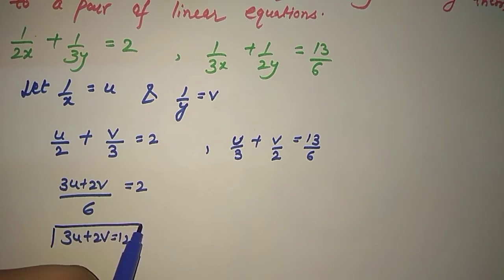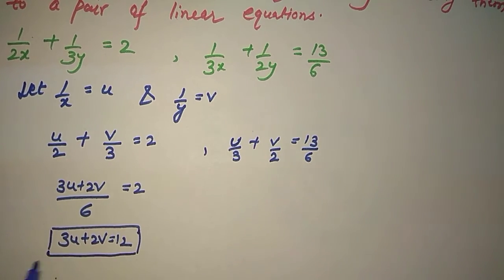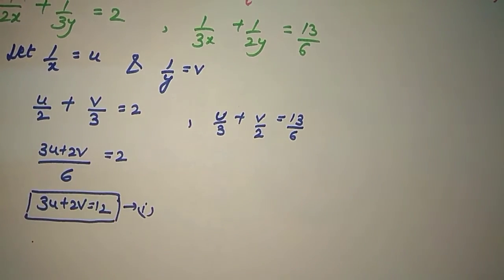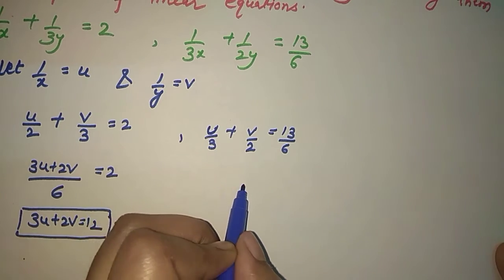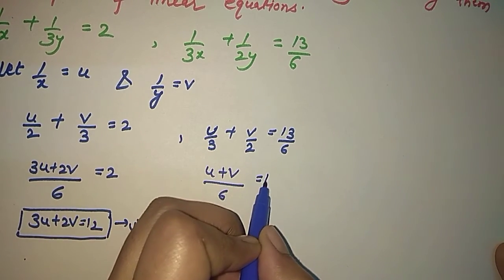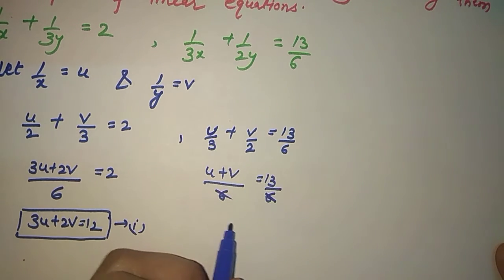So this is our first equation. Now on the other hand we have u upon 6 plus v upon 3 is equal to 13 upon 6. 6 will cancel with 6.